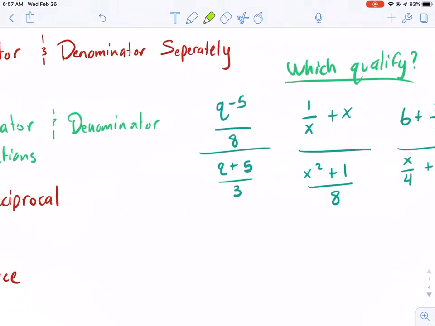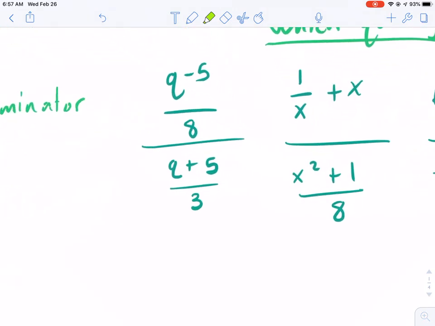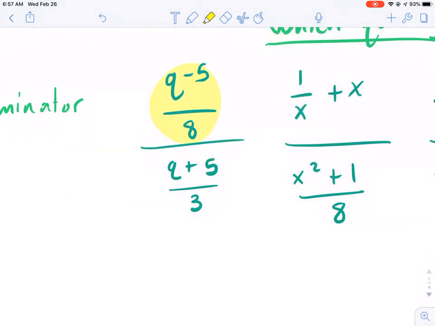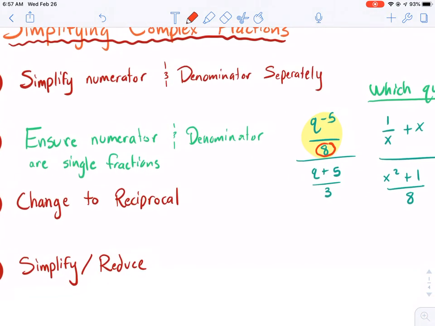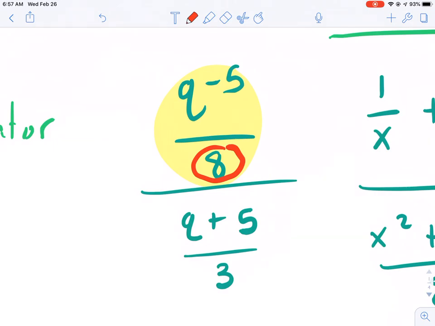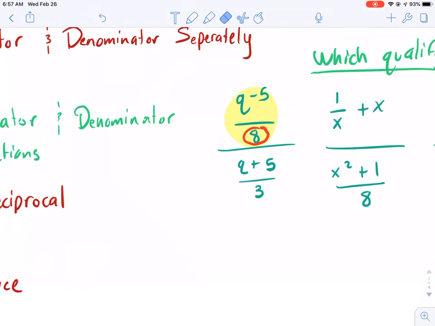We're going to look at the top and bottom separately. Here in the top, we designated this as yellow earlier, so let's stick to yellow. We see that the denominator, 8, is a single denominator. It's a single fraction because there's no addition or subtraction anywhere with the denominators. There's no adding 2 over 3, which are unlike denominators. So having that 8 by itself is a good thing.